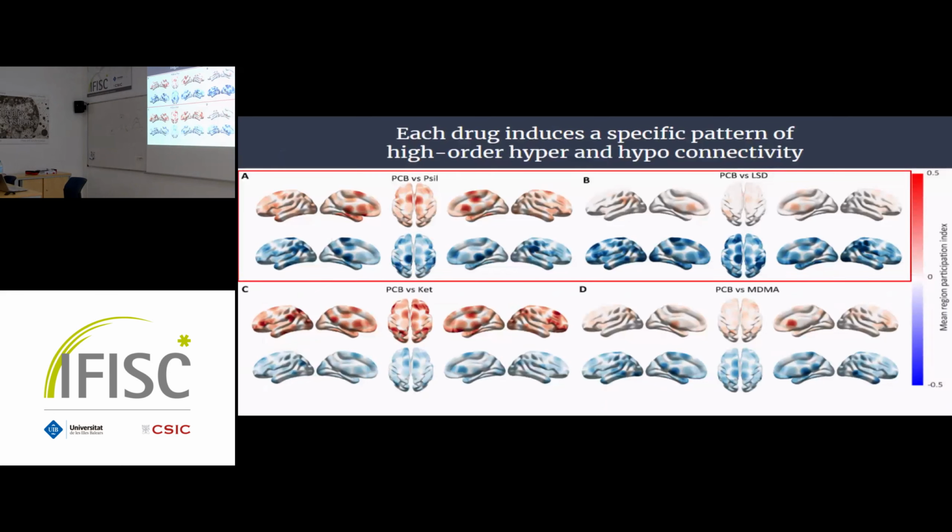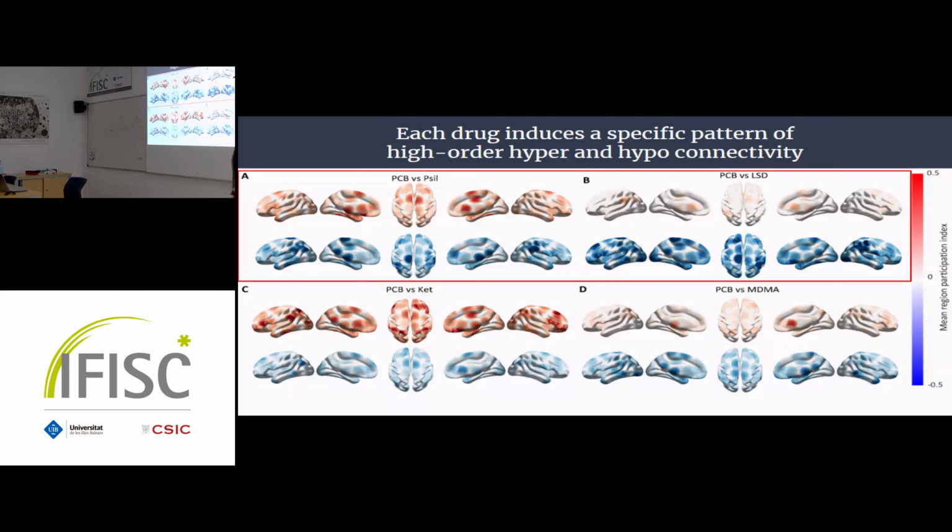And then if you want to look at the brain networks, we have a way of projecting these high-order interactions into low-order variables that would be brain regions. You can see that LSD and psilocybin, which are pharmacologically similar drugs, have very similar profiles in the brain, in these parietal regions, also a little bit here in cingulate regions.